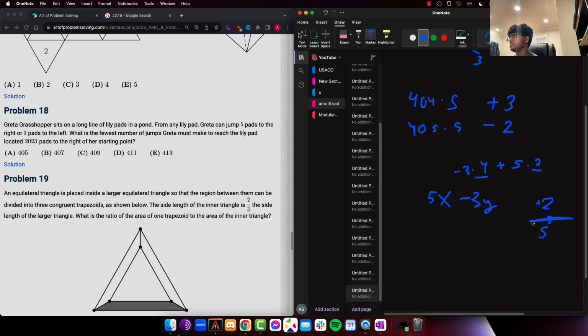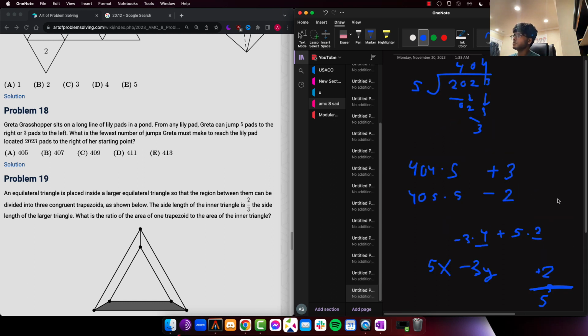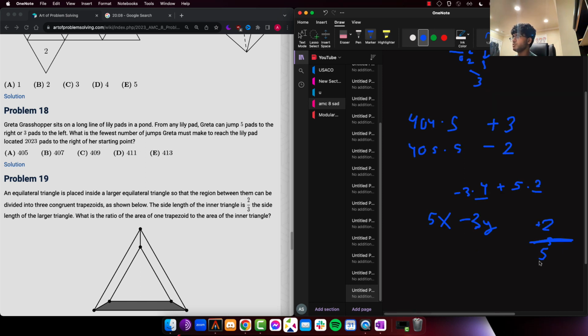Okay. Can you get it with a 5? What if you do, okay, no, you can't get it with a 5 because then it'll just be divisible, right? Can you go with a 2, because you're going +2.